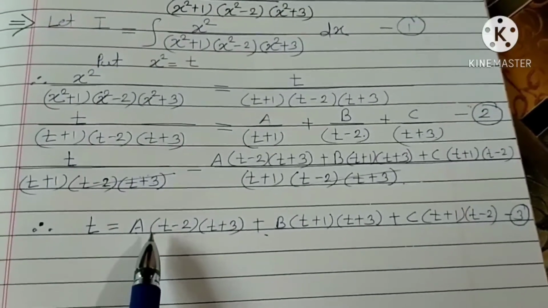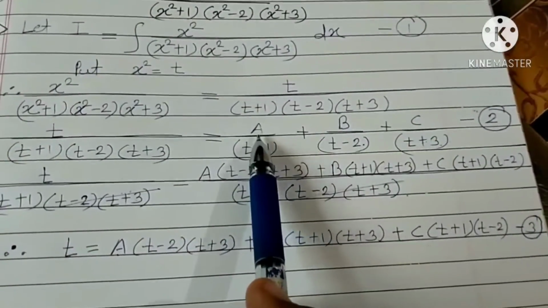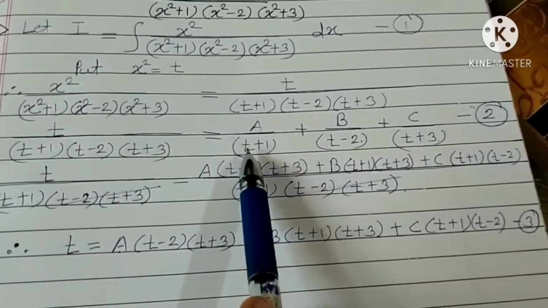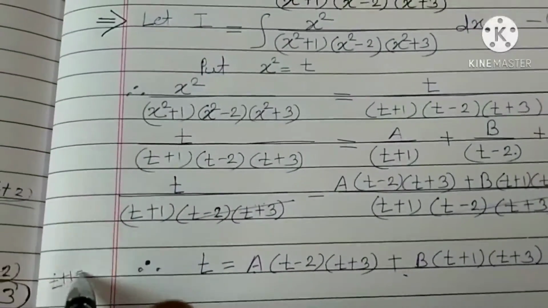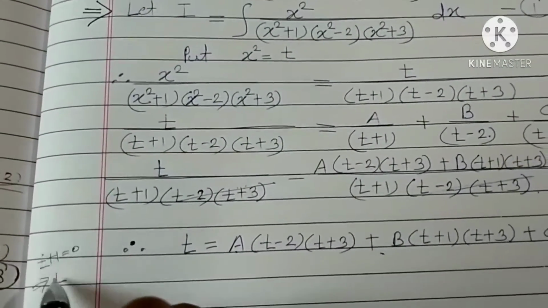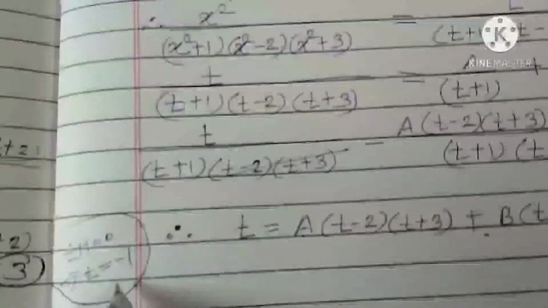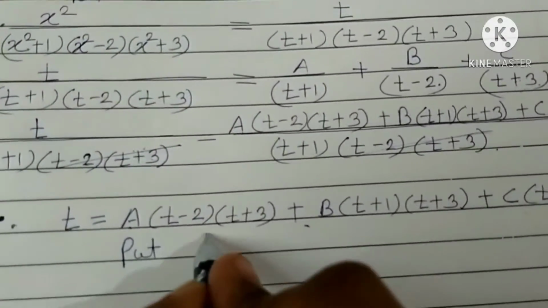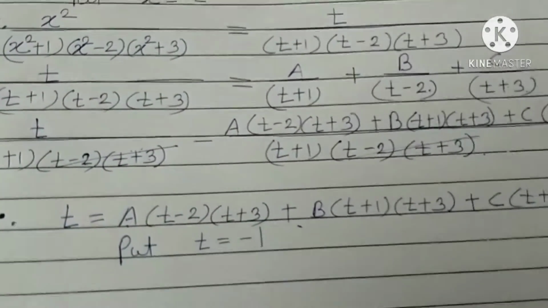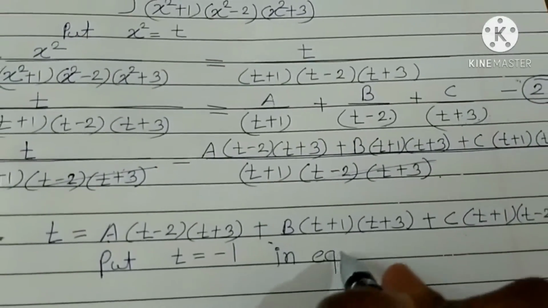So we take some values of t in this equation 3. Here we want to find first the value of A, that's why we take t plus 1 equal to 0. So here t plus 1 equal to 0, and this implies that t is equal to minus 1. Means we put t is equal to minus 1 in equation 3.